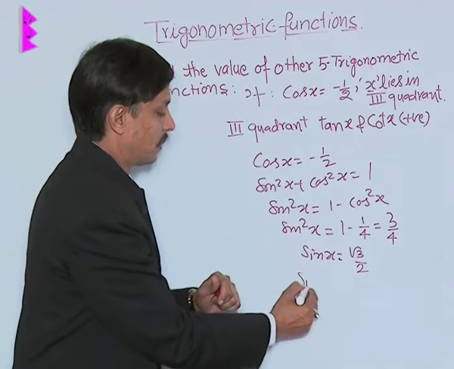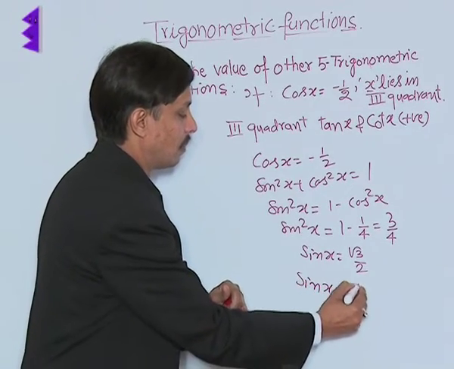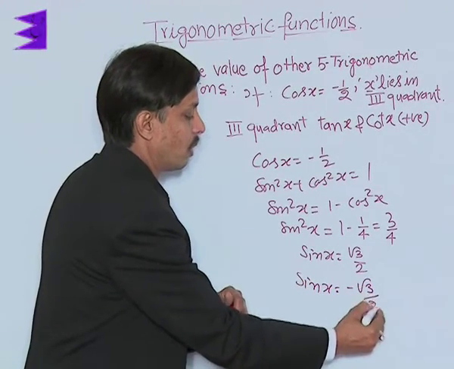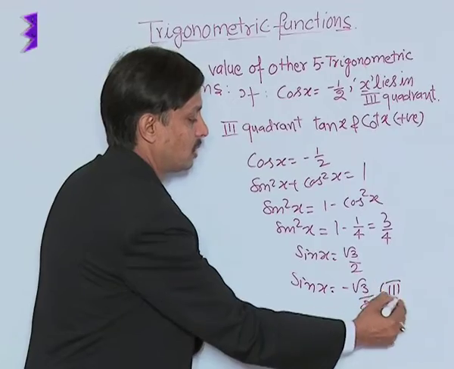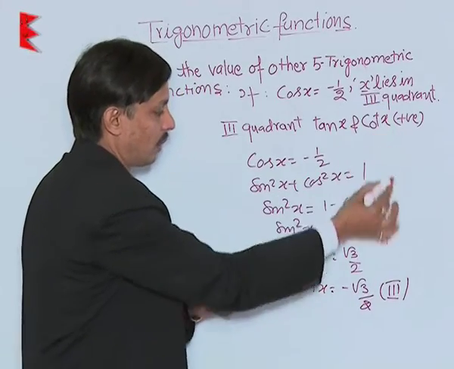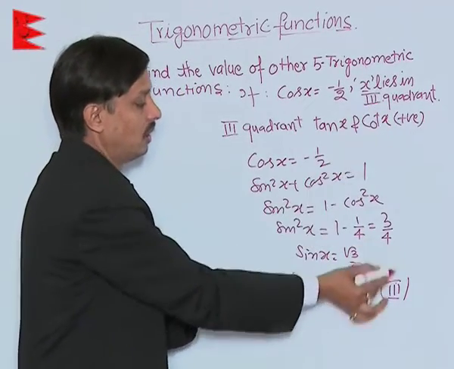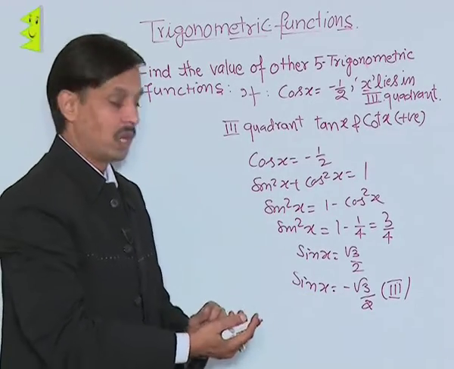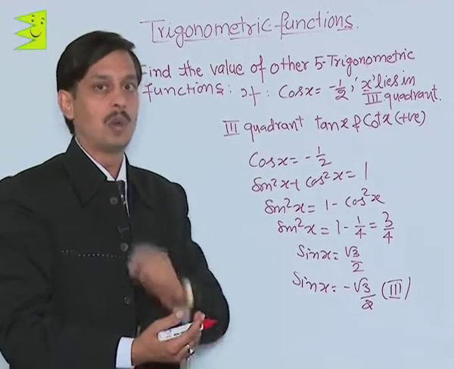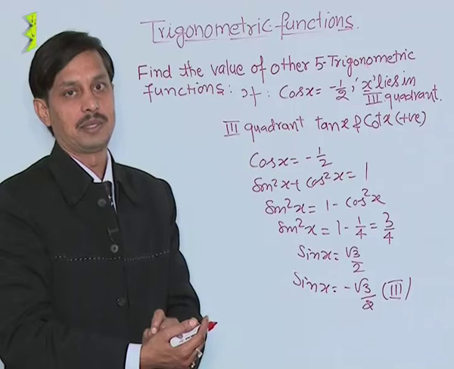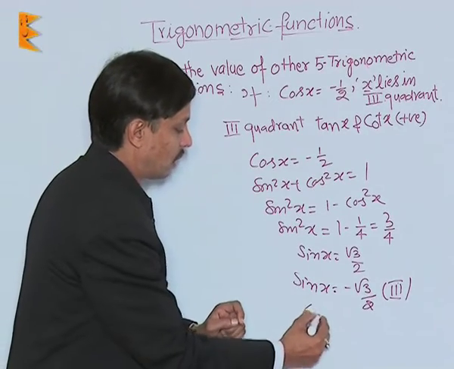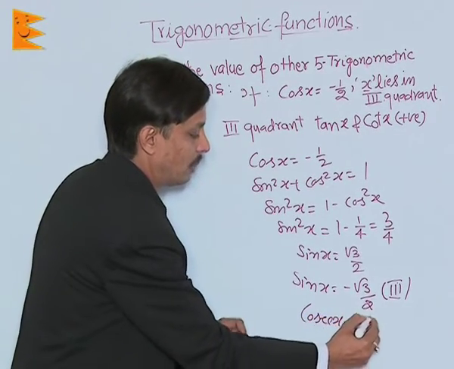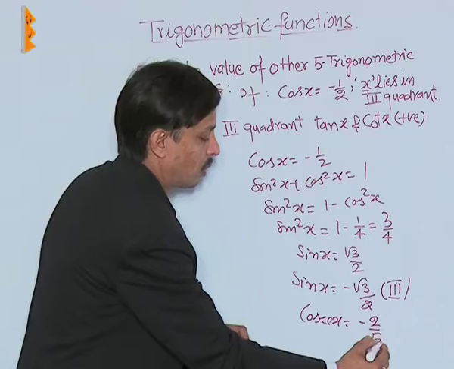So the answer of sin x will be minus root 3 by 2. Why? Because it is given that x lies in the third quadrant. Sin x is minus root 3 by 2. Its reciprocal is cosec x. So the answer of cosec x will be minus 2 upon root 3.